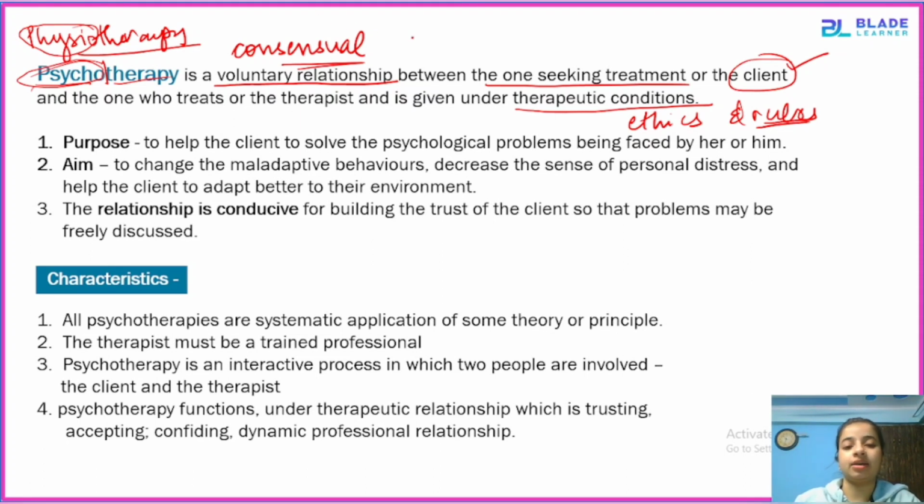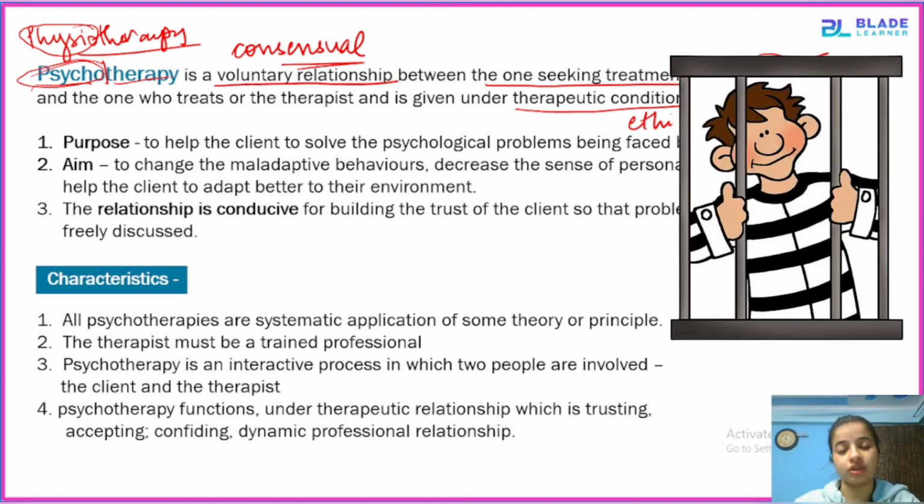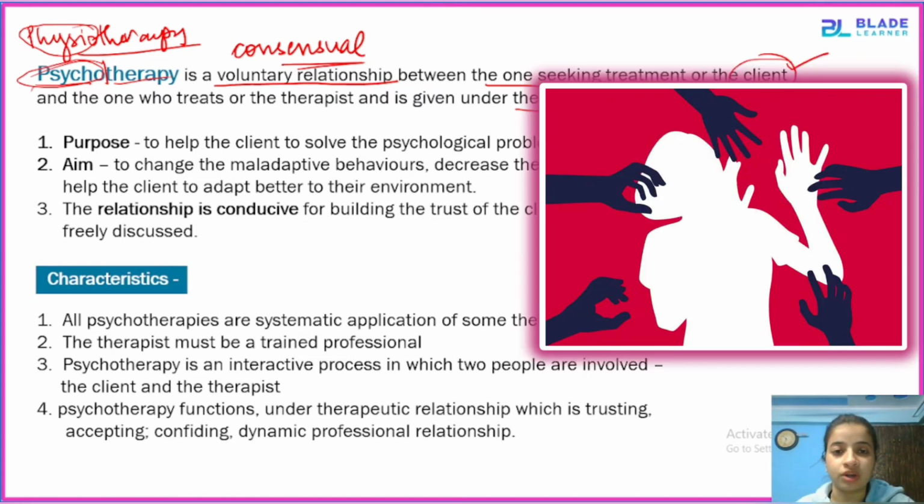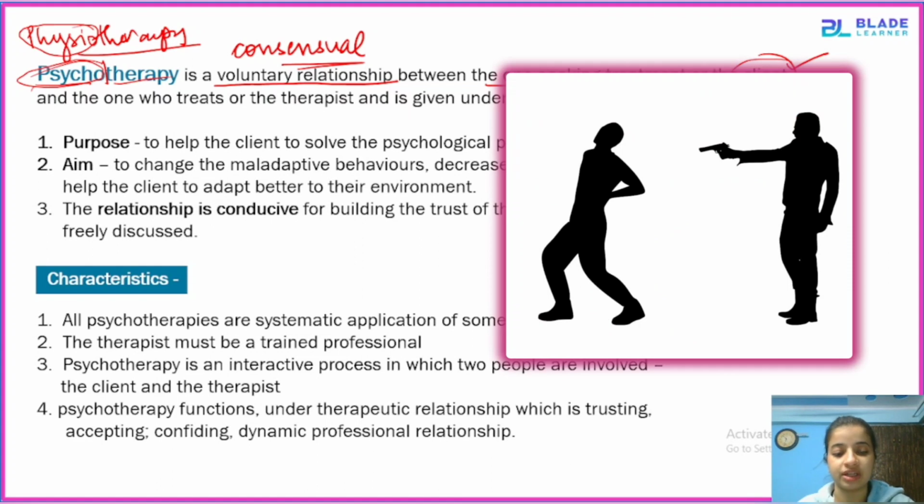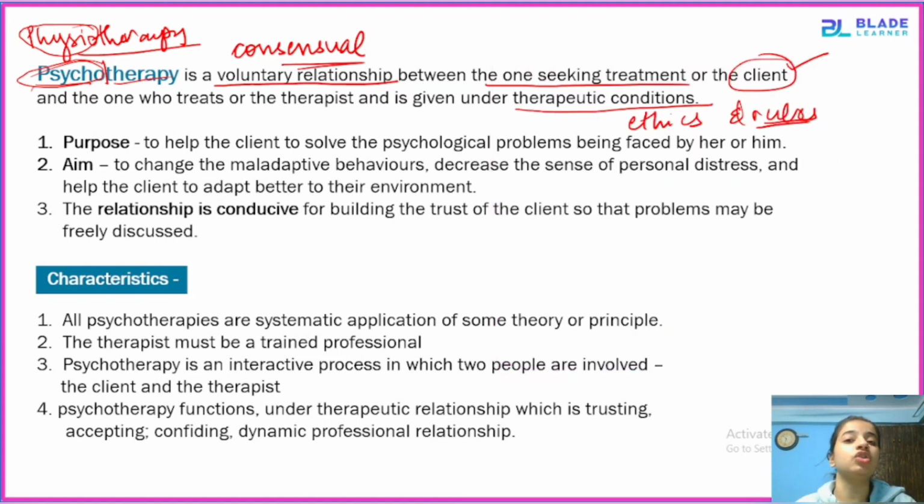Often people go to therapy and confess crimes, they confess about raping someone, murdering someone, stuff which is socially not acceptable, and that should not backfire on the therapist or on the client. That is why we have to have therapeutic conditions.